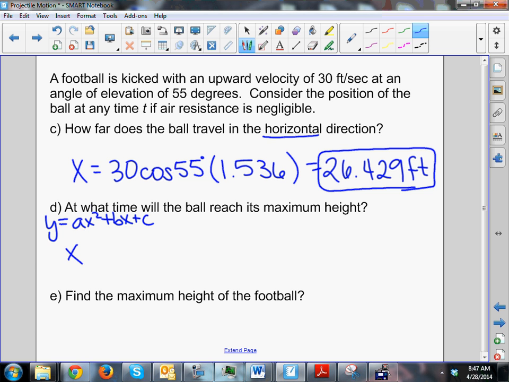The x coordinate for our vertex is always at negative b over 2a. Seems like some of us need to write this down to remember it.